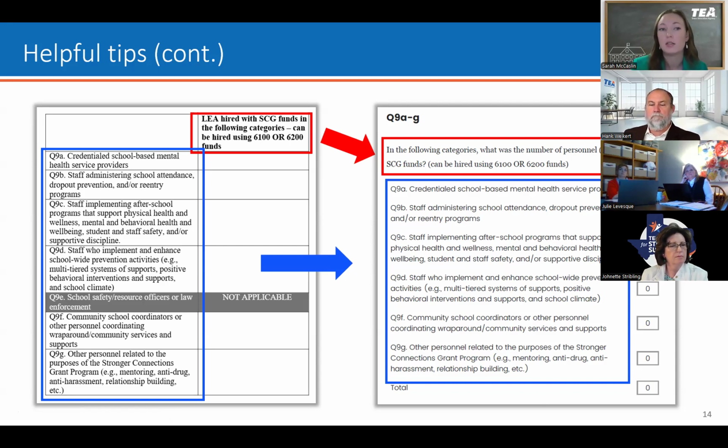Just determine the best fit of the individual. So even if you find that your person can fall into multiple categories, just choose one, and that is where you will report that individual across the rest of this grant program.